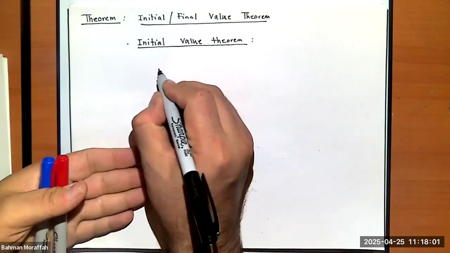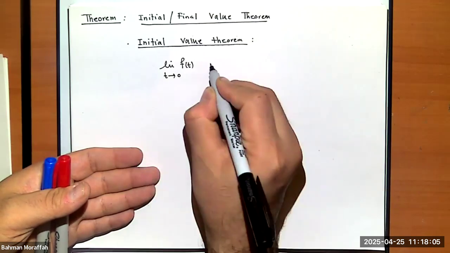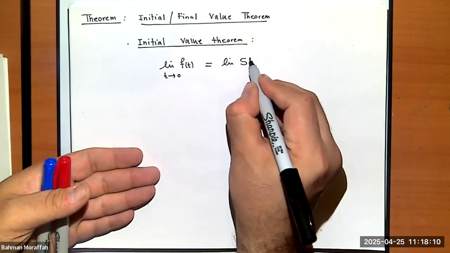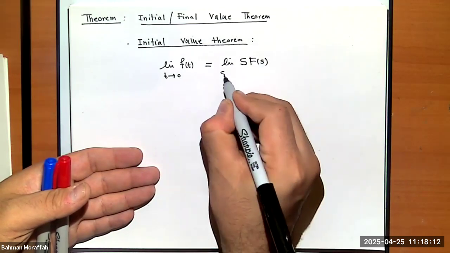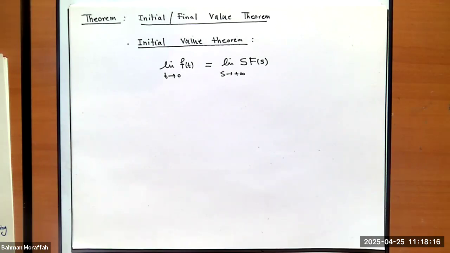So the limit of f(t) when t goes to zero is the same as the limit of s times F(s) when s goes to infinity. So if I have the Laplace transform of f(t), I just need to multiply it by s, find the limit when s goes to infinity, and then I'm done. And obviously I can use whatever we learned about taking limits, right?